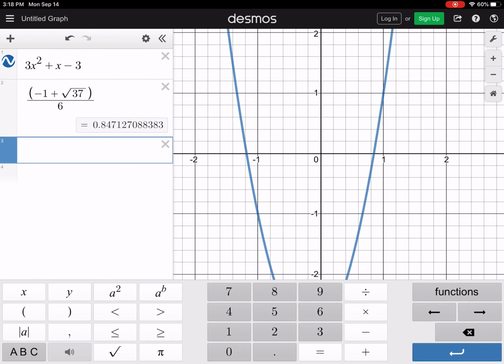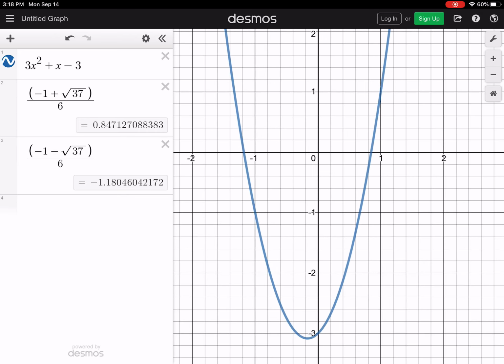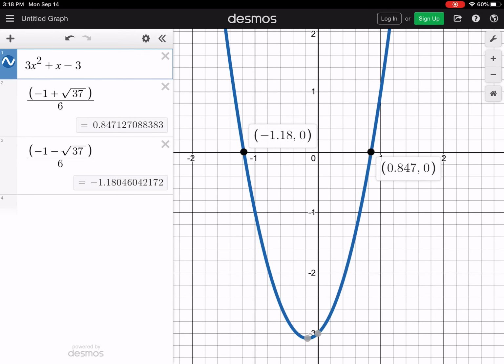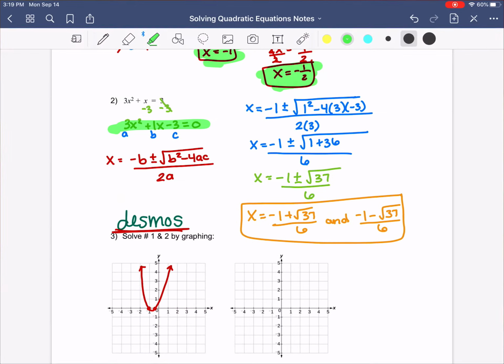And then our second one is -1 minus the square root of 37 divided by 6, and that gives us -1.18. So even though we have our answers written in radical form, if you used a calculator to simplify it, you would still get those same answers. So -1.18 and 0.847, that's what we're going to put onto our little graph.